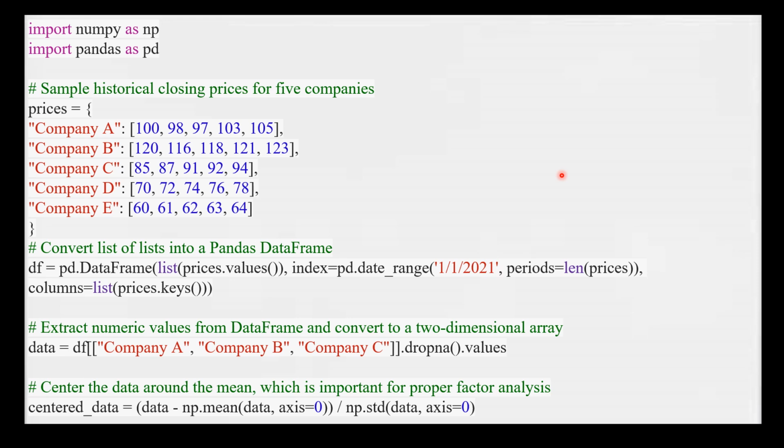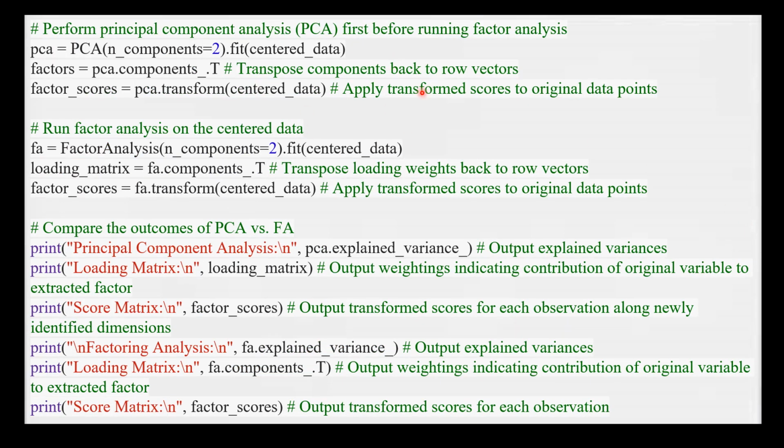We use the scikit-learn library to conduct both principal component analysis and factor analysis separately. These techniques are used to analyze the large dataset and reduce dimensionality while preserving most of the variation present in the original dataset. In our case, we set both methods to identify two new variables or components based on this input data.